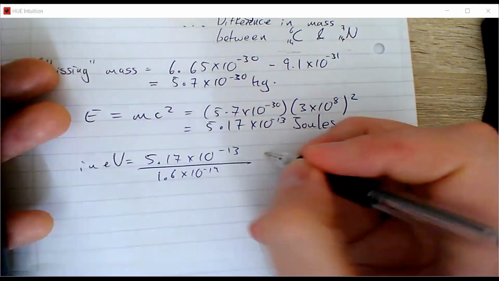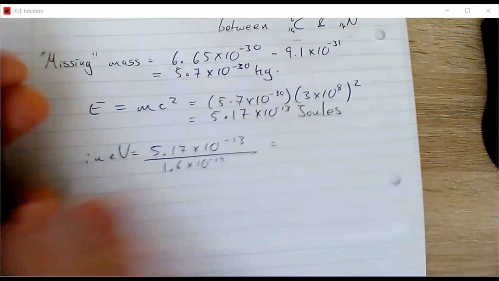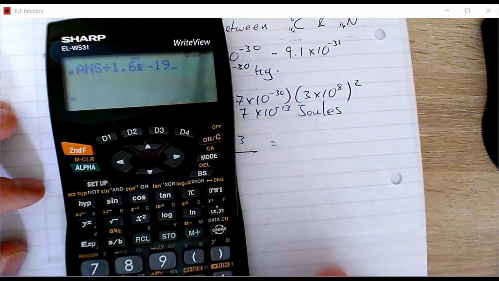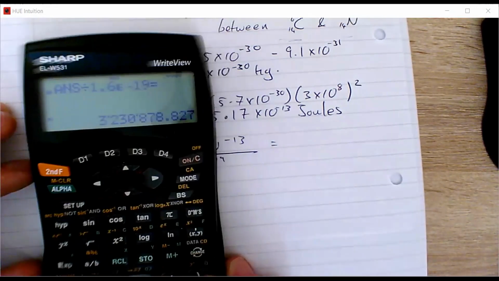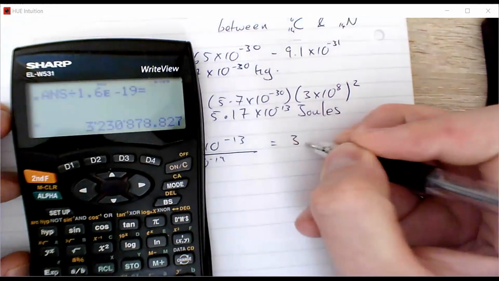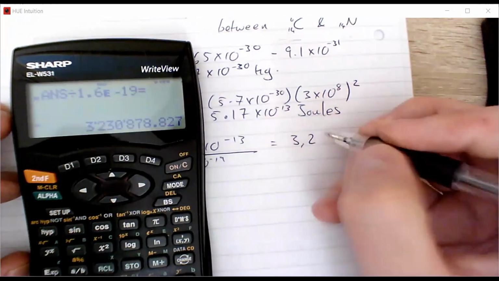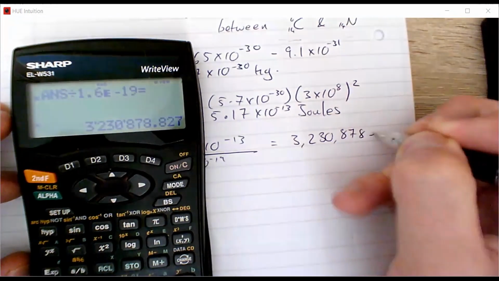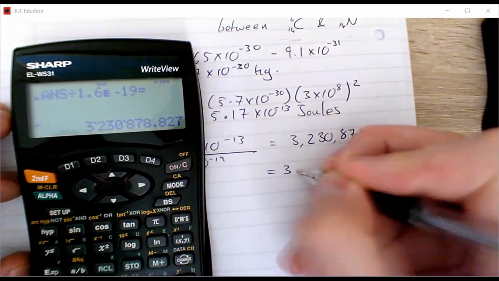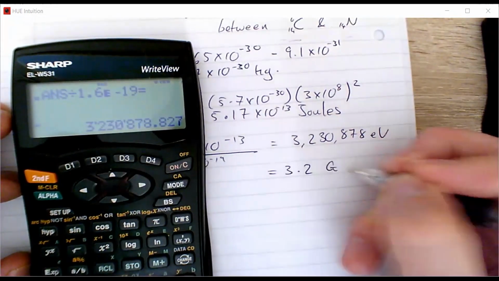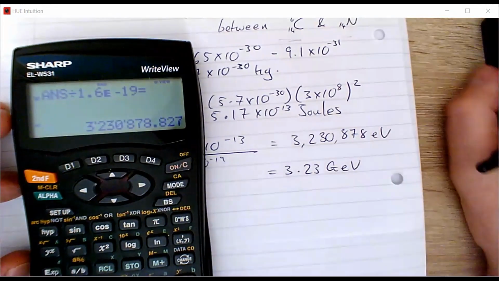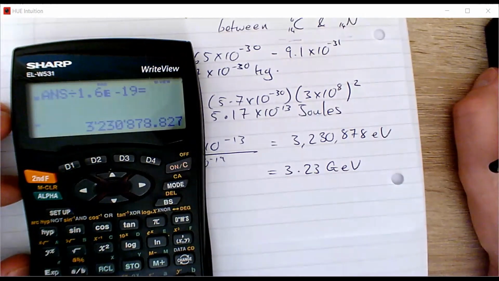The unit here is in coulombs, but anyway, that divided by 1.6 times 10 to the minus 19 gives us 3,230,878 electron volts, or 3.2 giga electron volts, GeV. So that's a huge amount of energy.